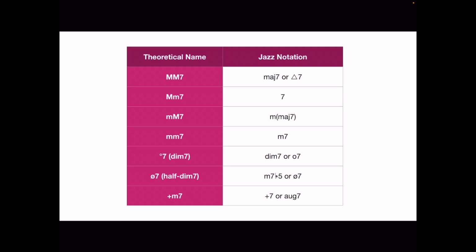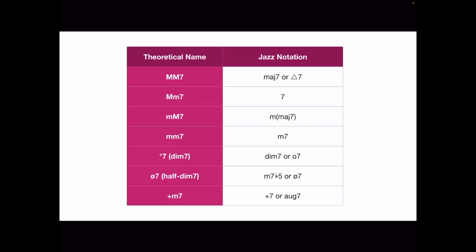So I'm just including this chart just so that, if you're trying to explore these chords on your own on an instrument, just know that, hey, we're still learning the same exact thing. It's just written slightly differently, and you should know both versions. So I'll just leave this up to you to explore on your own, because for this class, we're not really using the jazz notations, but the theoretical ones.